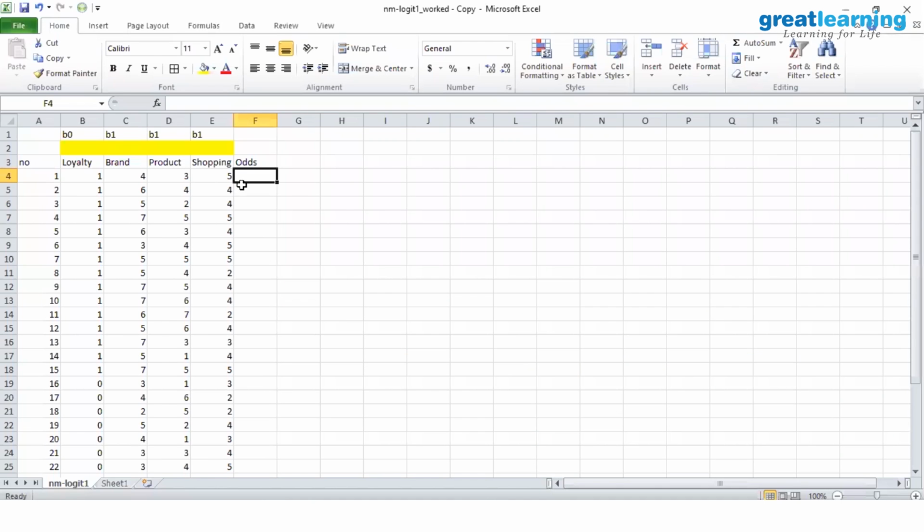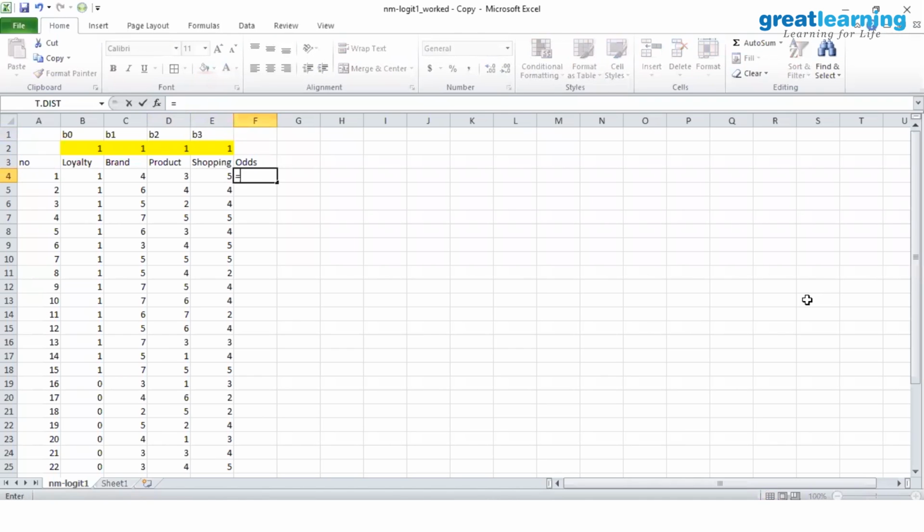Going back. So now what is the formula for odds? It's nothing but the exponential of, here let me give some default values. I will show you the power of Excel, how powerful Excel is. You can compute all this, beta 1, beta 2, beta 3, everything over here.